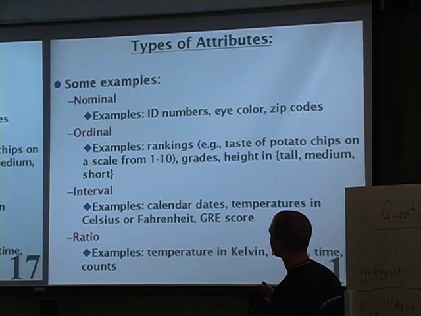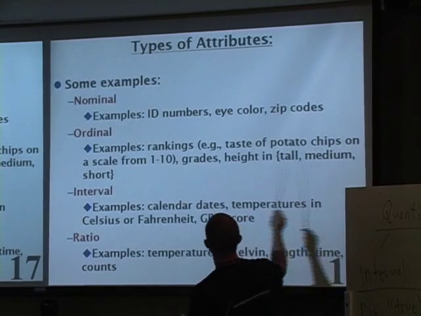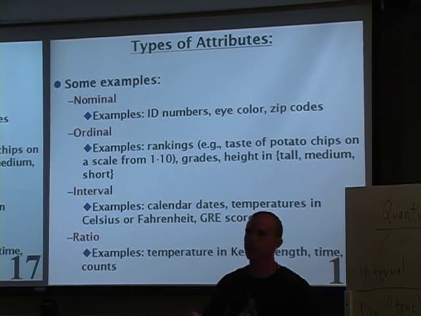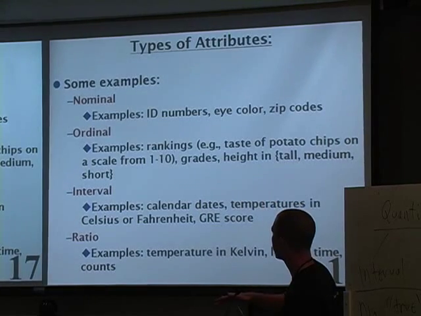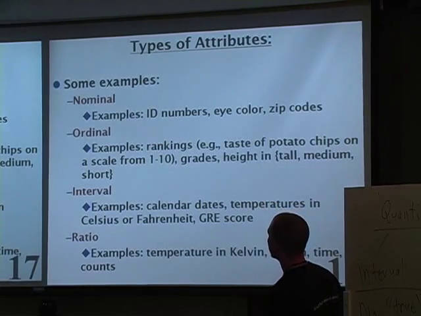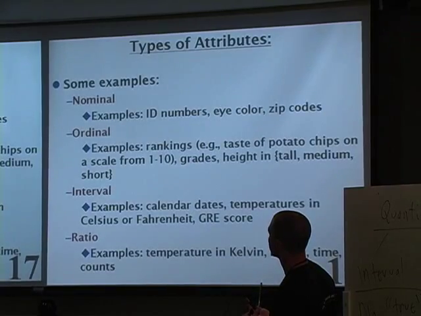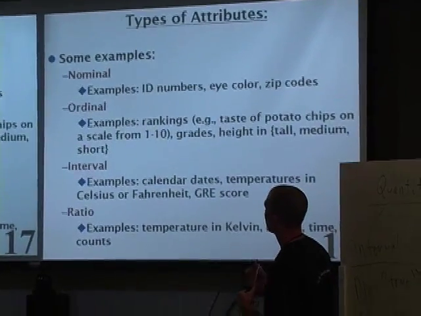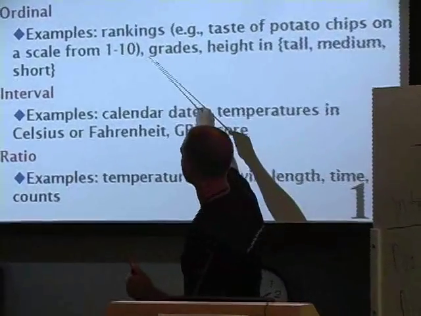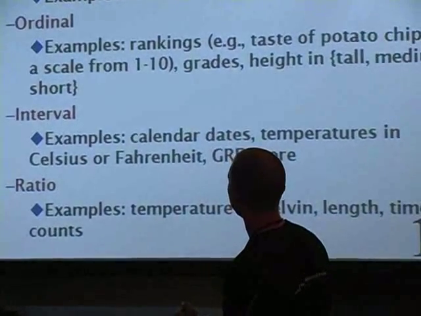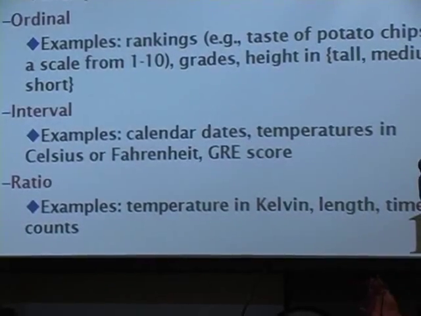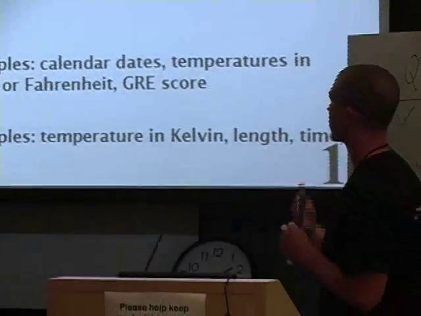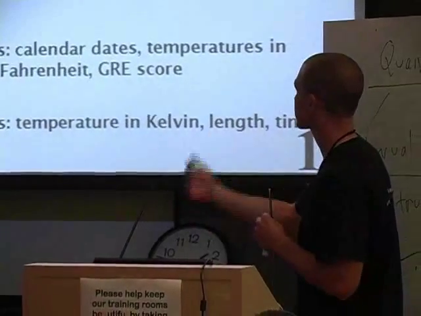And that's a little bit questionable, but the problem with the potato chip scale is, if you rate these as bad to good, 1 through 10, is the difference between 9 and 10 the same as the difference between 8 and 9? Arguably it's not, for the potato chips, because it might depend on how they labeled the scale. Where arguably with the GRE, a 10-point increase is supposed to mean the same thing, whether you went from 300 to 310 or 600 to 610.